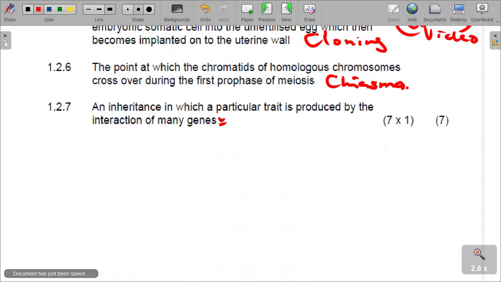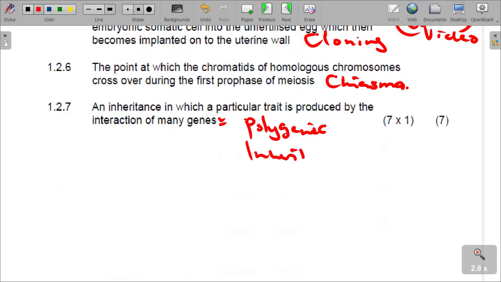That is called polygenic inheritance. Poly means many. Polygenic inheritance is what you call that process.